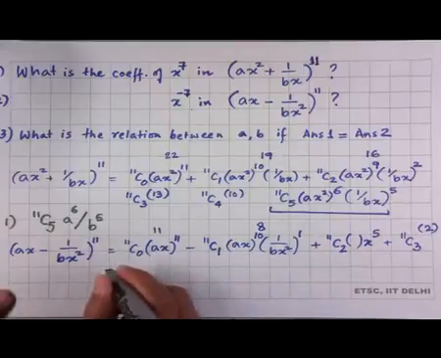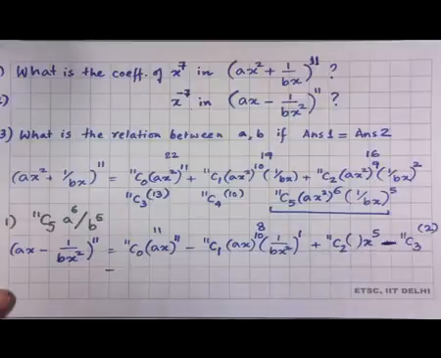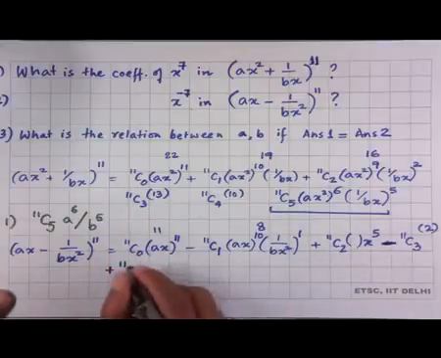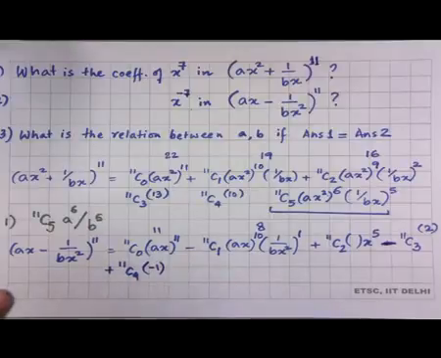Next I will get 11 C 4 and there I will get x power minus 1.